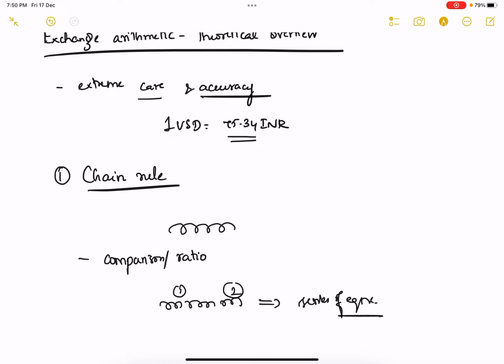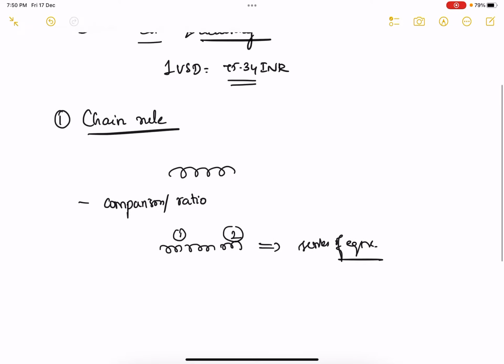This continuing equation forms a chain so that each equation must start in terms of the same quantity which is used in the previous equation. So the best example for chain rule is cross rates, because in place of currencies whose exact value we do not know, we use one or two currency values in order to identify the value of the currency which is unknown. So obviously we are taking a second or a third quantity in order to find the first quantity value. So cross rate follows chain rule.